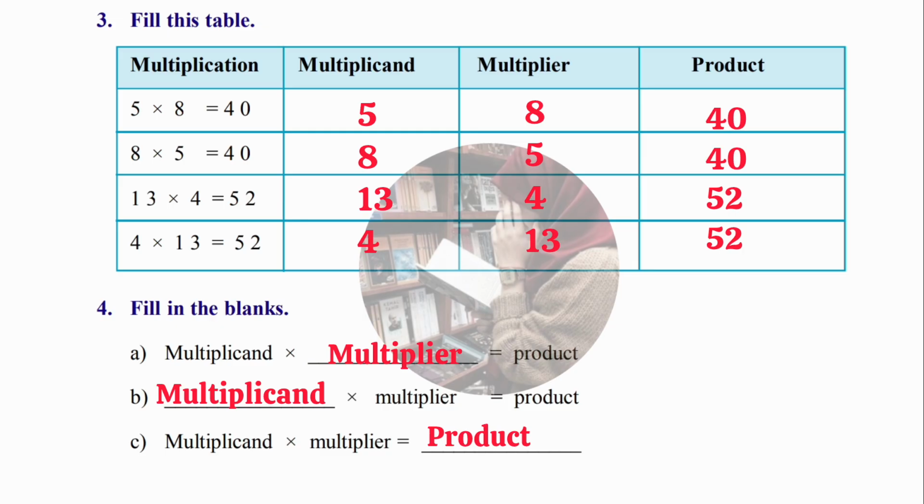Second one, dash multiplied by multiplier equal to product. Multiplicand multiplied by multiplier is product. Next third one, multiplicand into multiplier equal to dash. It is product. Now it's very clear for you about multiplicand, multiplier and product. Let's move on to the second worksheet.